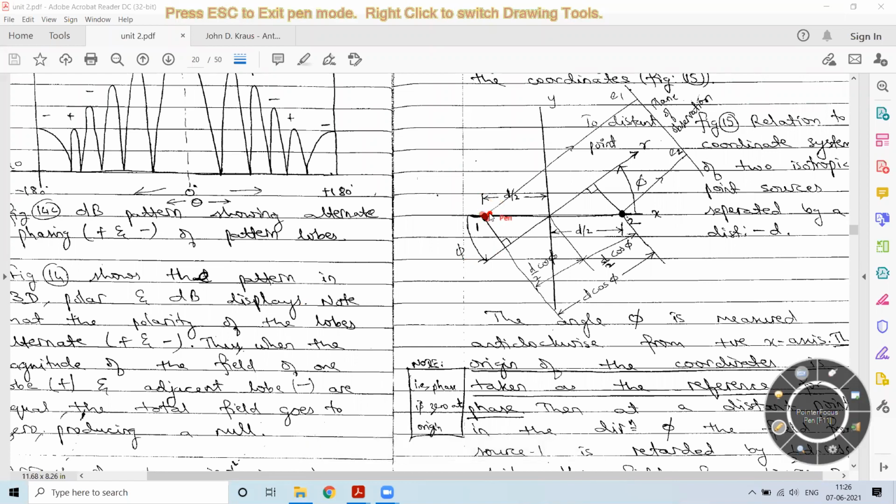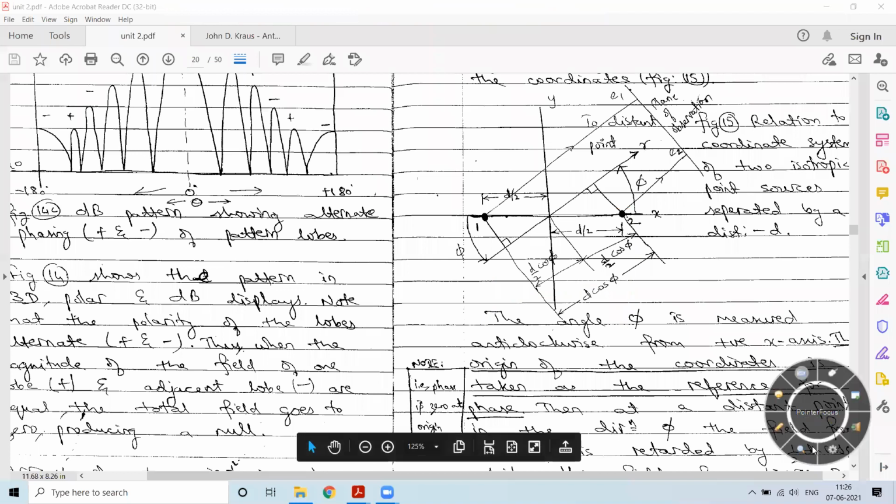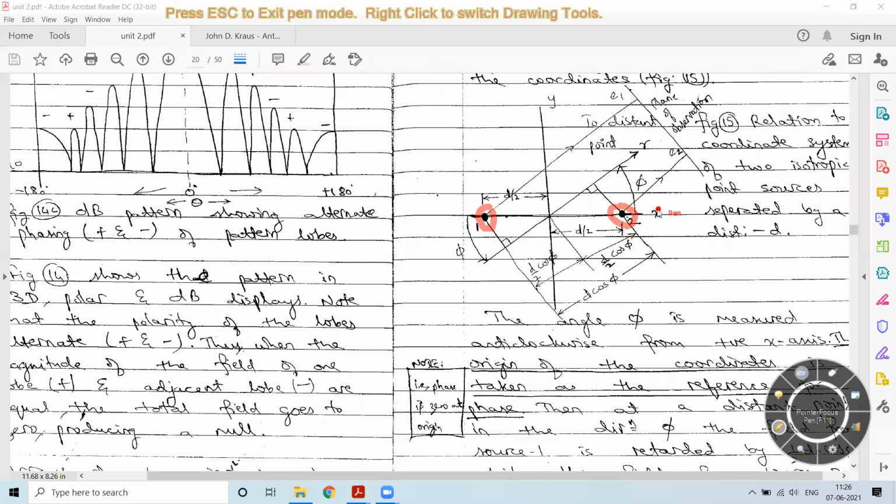We'll be considering source 1 and source 2 to be isotropic point sources, which are separated by a distance d between them. The distance between source 1 and source 2 is d. Next, because of these 2 point sources, I have to look at how the field variation will be.